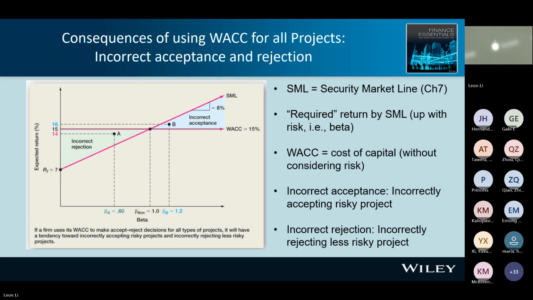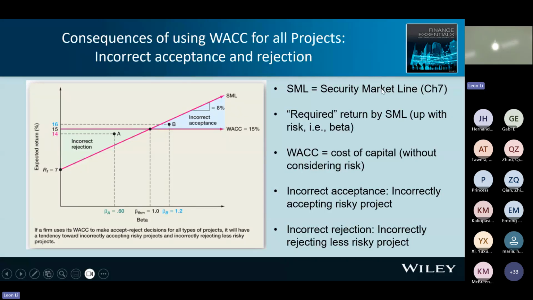And finally, I use a graph to show you the incorrect acceptance and the incorrect rejection. Think about our beta. Beta is our risk, and the vertical line is our expected return. So we have the security market line. Please refer to our chapter 7.